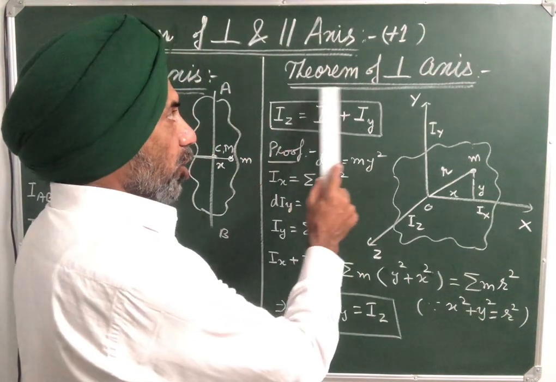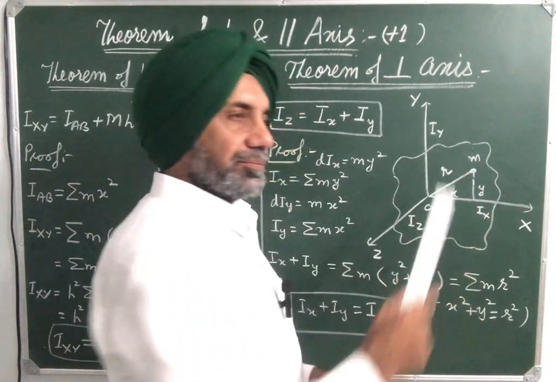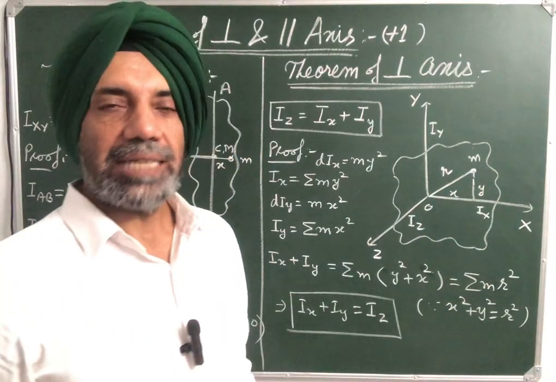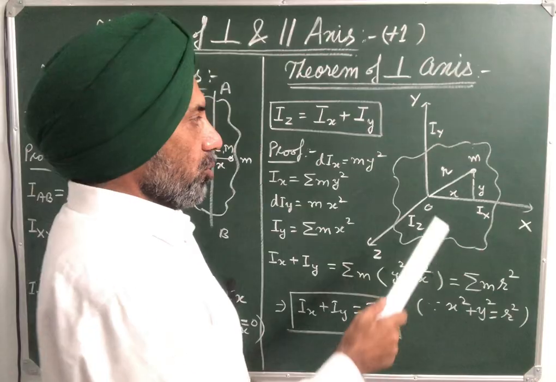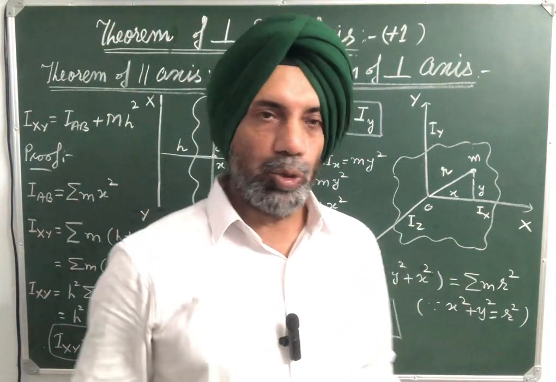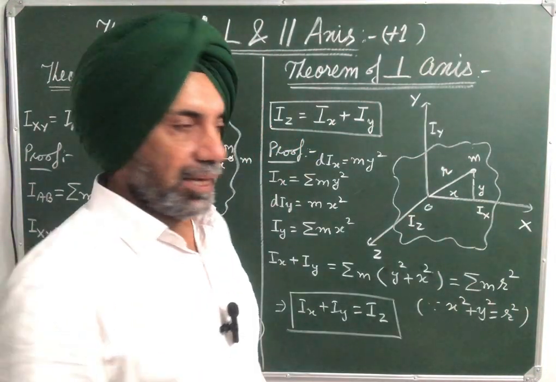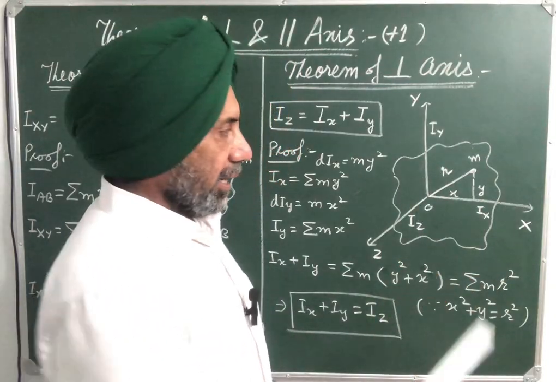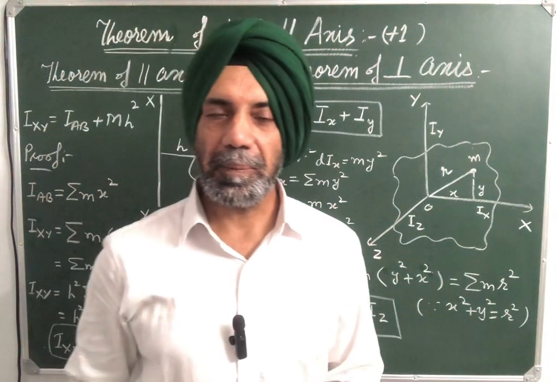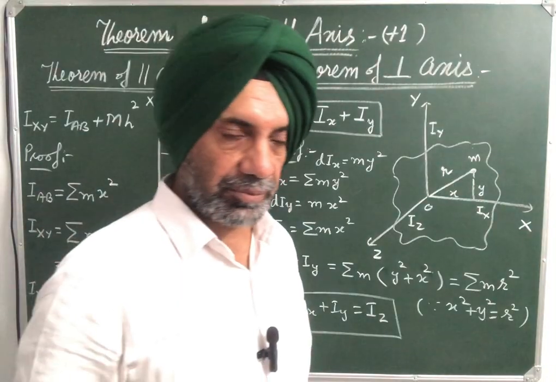Then, according to the theorem of perpendicular axis, the moment of inertia of this plane lamina about a perpendicular axis, that is the z-axis, is equal to the sum of the moment of inertia of the lamina about two mutually perpendicular axes, that is x-axis and y-axis, in the plane of the lamina intersecting at a point where the perpendicular axis passes. That is, x-axis, y-axis, z-axis are mutually perpendicular to each other.